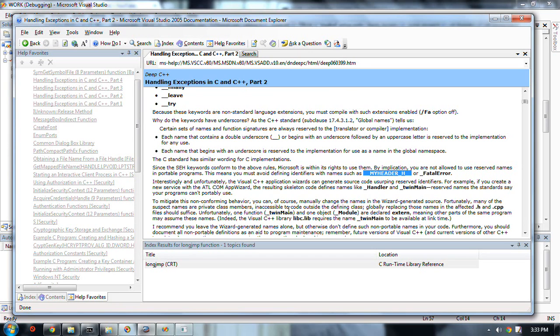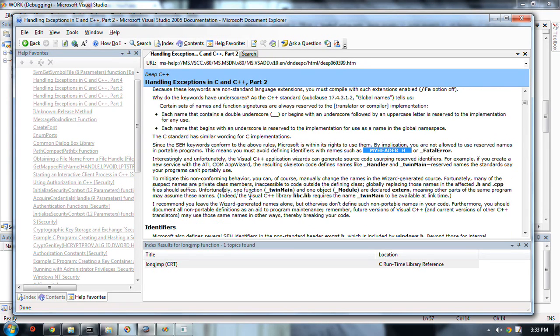Now I know that a lot of people do that with their classes and class members. They will start with a little underscore and a small letter, and that's fine. But if it were a capital letter, then that would be bad. Interestingly and unfortunately, the Visual C++ app wizard can generate source code usurping reserved identifiers.